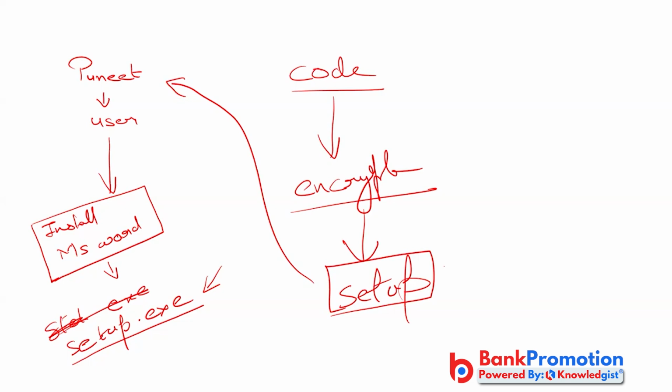Okay. So the source code, the code written by the developer, is important because no one knows it. Only the Microsoft company knows what they are writing.